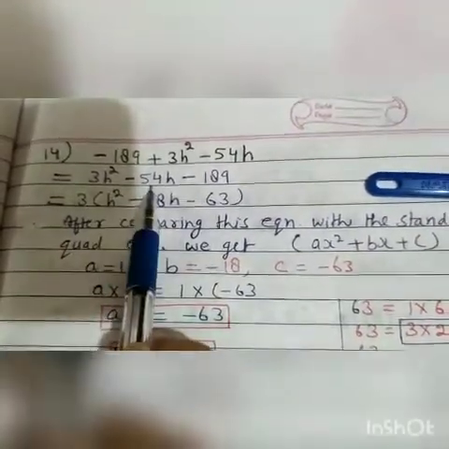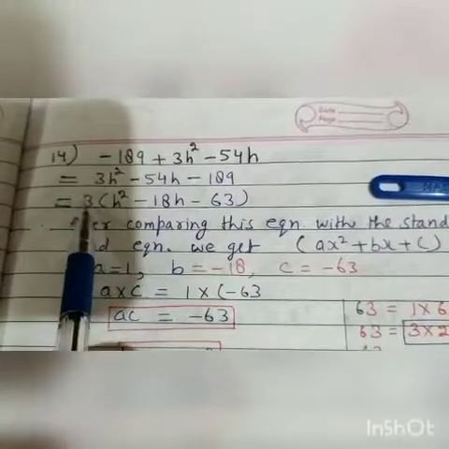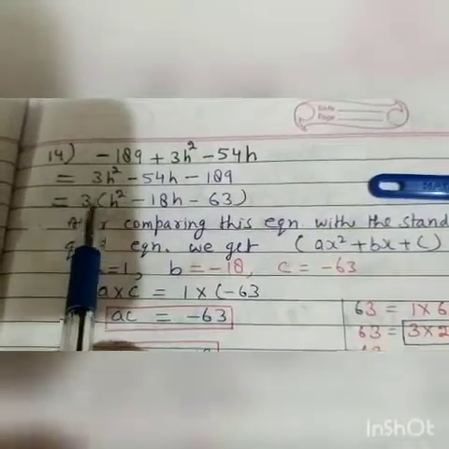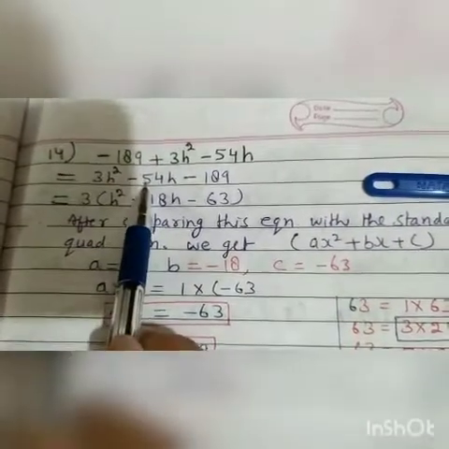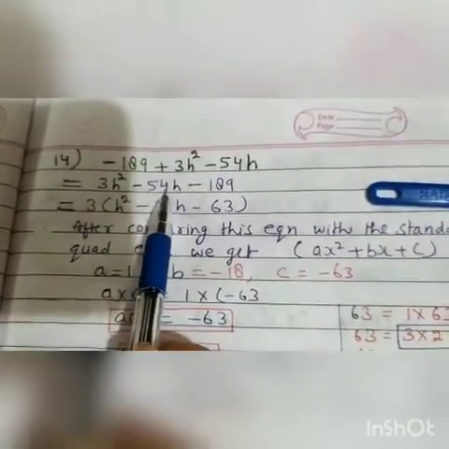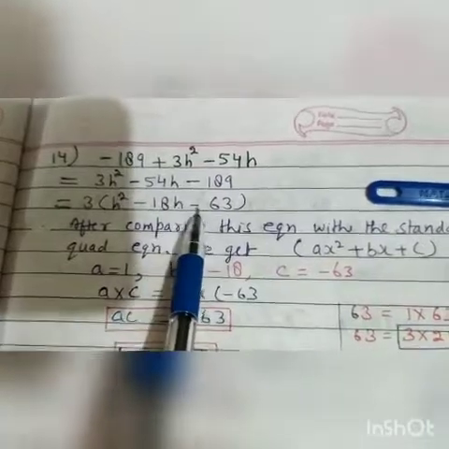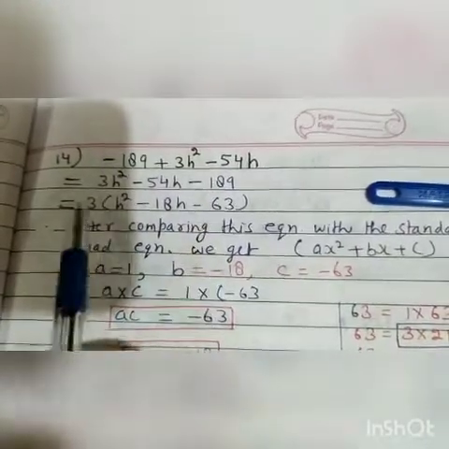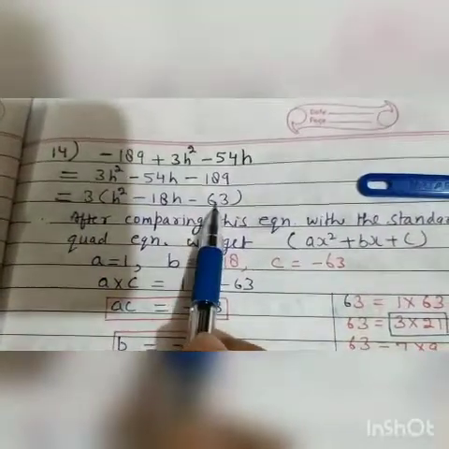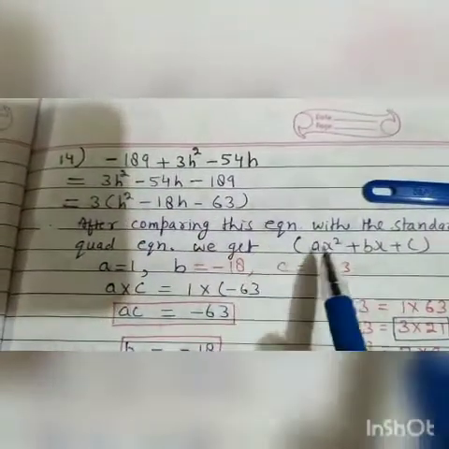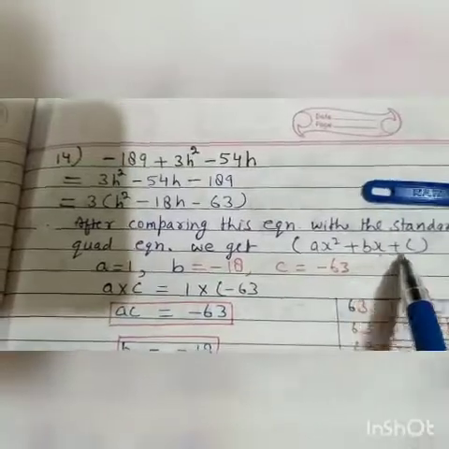Again from these three terms we can take common 3. So we take common 3, then we will have h square minus 18h minus 63. Now we will compare this equation with the standard quadratic equation, that is ax square plus bx plus c.